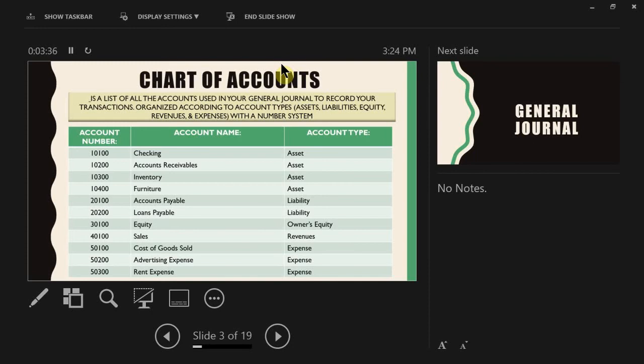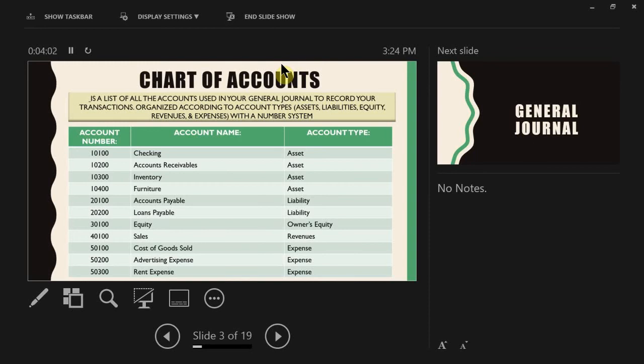Now, this right here is just a short snippet of what it should look like. You have your account number and your account name, and it's organized by account type. Never will it ever be in alphabetical order. So, for example, you have your checking, and right after is going to be your accounts receivable, so it's never going to be in alphabetical order.